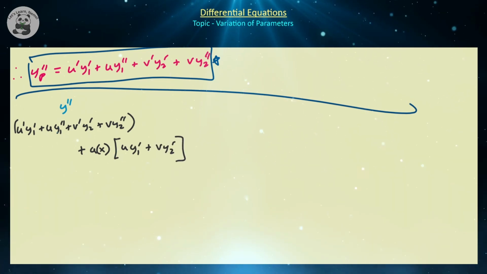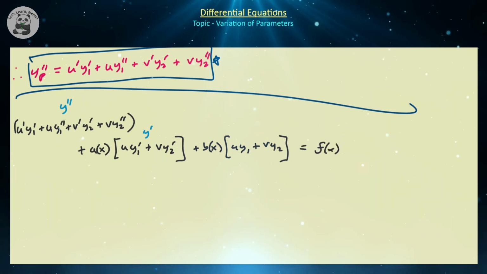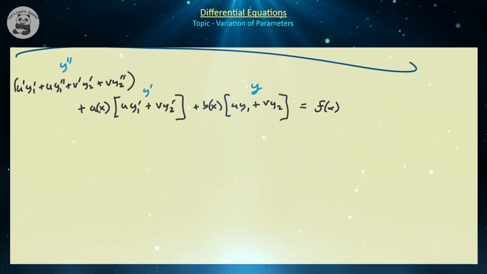So that's our y prime term. And then we're going to have our next term, b of x times y, which is u y1 plus v y2, and that's going to be equal to our f of x. Right? So y double prime plus a(x) y prime plus b(x) y equals f(x), where a and b are allowed to be any functions of x, need not be constant coefficient.